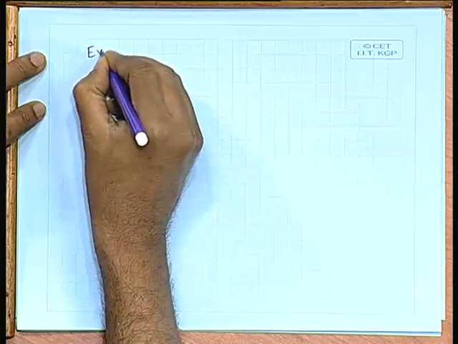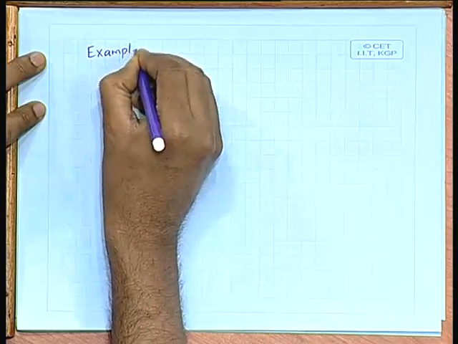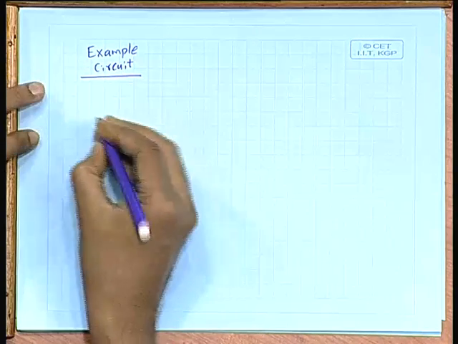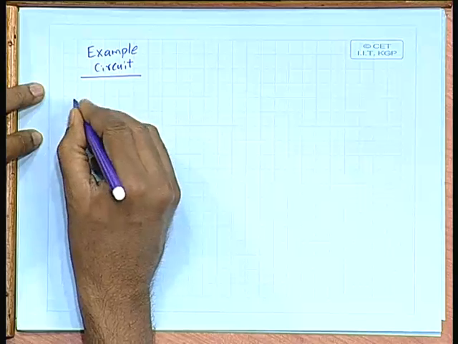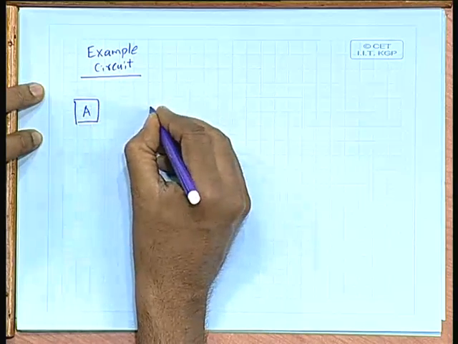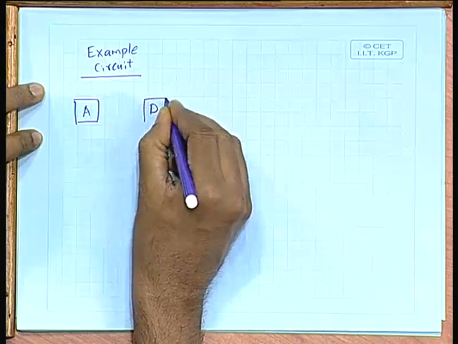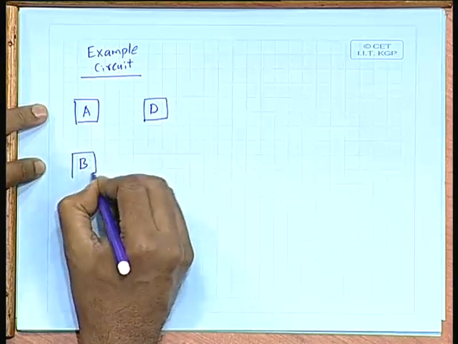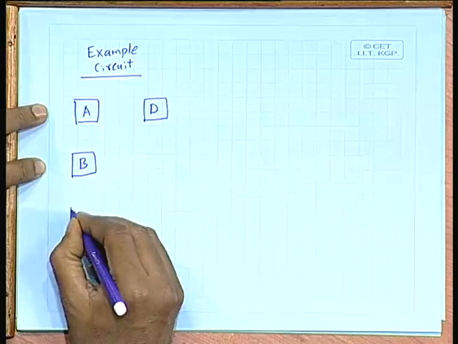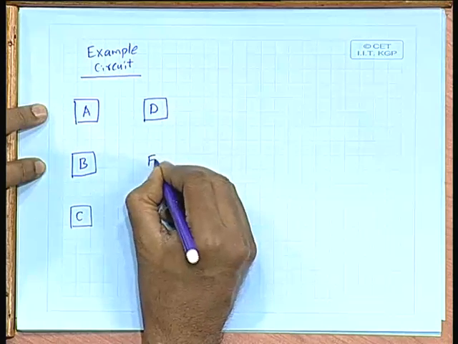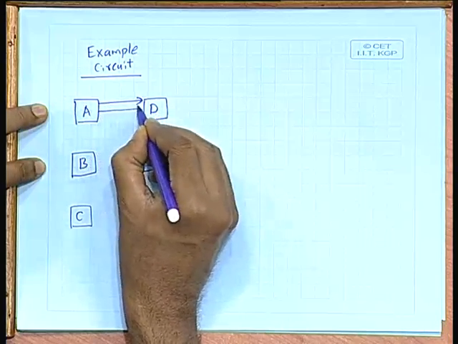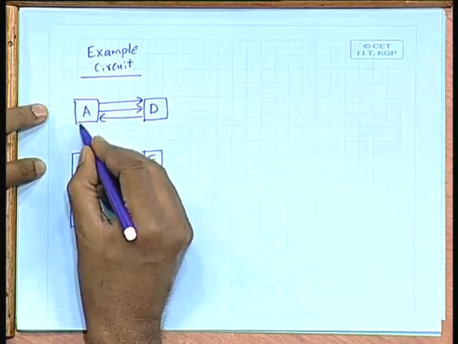We start with an example circuit. Well, I am not showing the exact circuit in terms of gates, but rather I am saying that after partitioning is done, A, B, C, D are the partitions. So, I am actually showing the partitioned picture after partitioning. Suppose you have something like this.